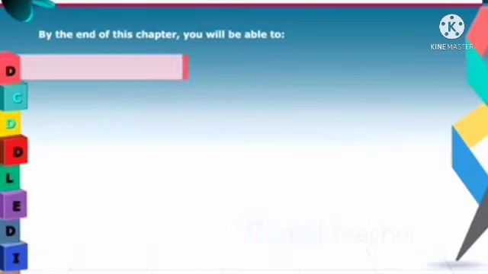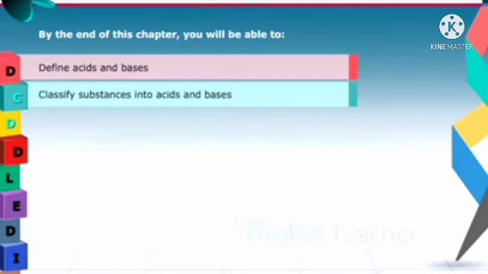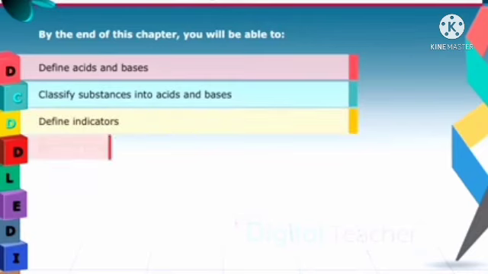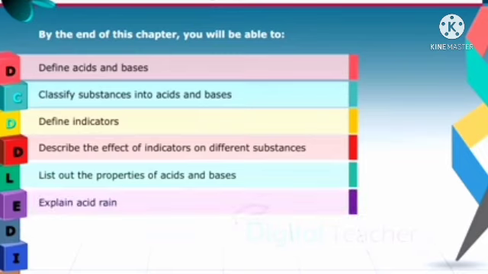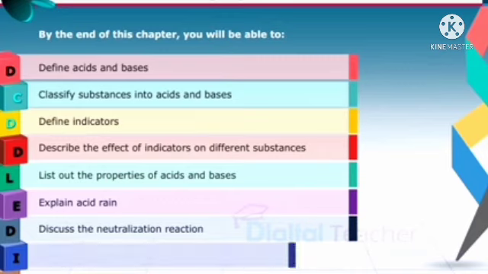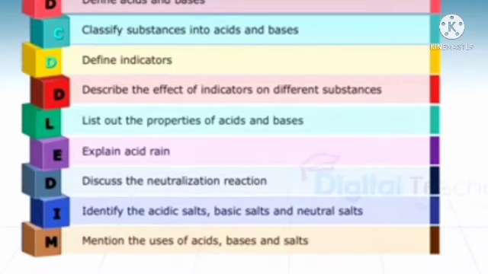In the chapter, we have to learn to define acids and bases, classify substances into acids and bases, define indicators, describe the effect of indicators on different substances, list out the properties of acids and bases, explain acid rains, discuss the neutralization reaction, identify acidic salts, basic salts and neutral salts.